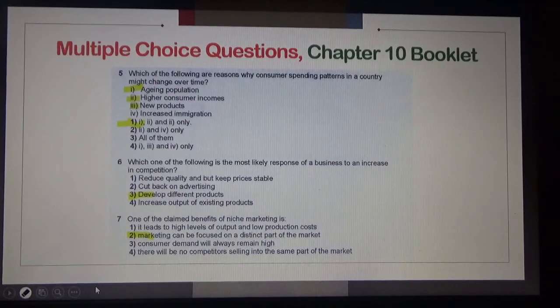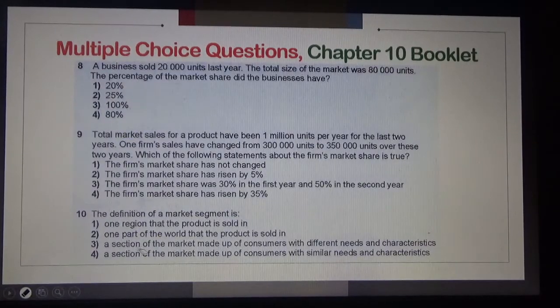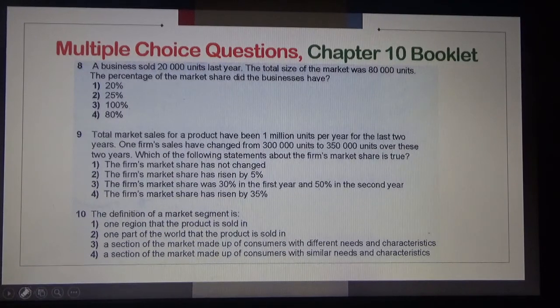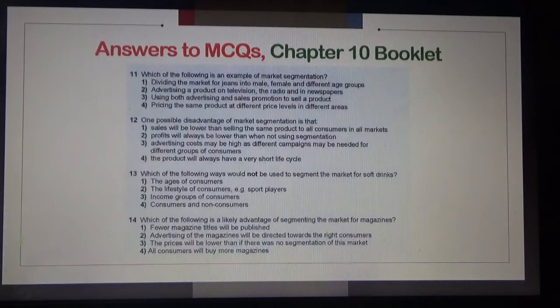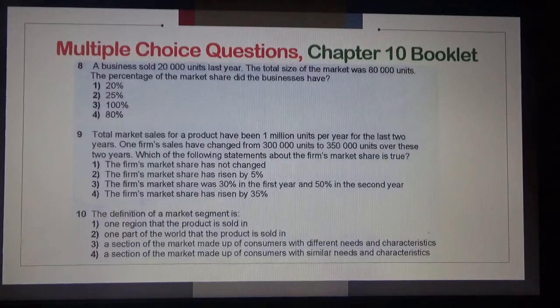Okay, let's go to question 8. A business sold 20,000 units last year. The size of the market was 80,000 units. What percentage of the market share did the business have? We have 20,000 over 80,000. That's like 1/4. Yeah, 1/4 is how many percent?